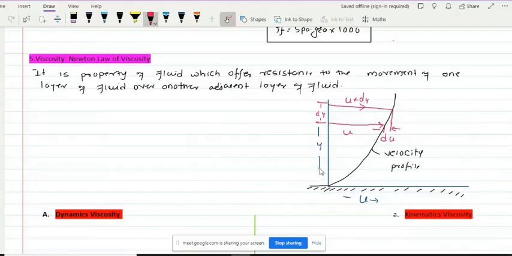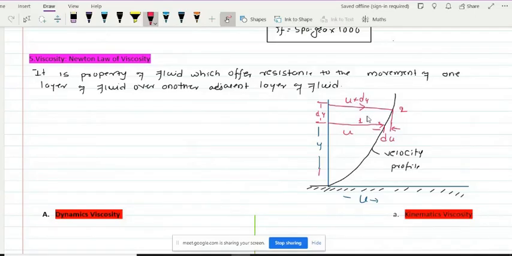See here, this is layer number one and this is layer number two. The two layers of the fluid, at distance dy apart, move one over the other at different velocities. The velocity of layer 1 is u, the velocity of layer 2 is u plus du, as shown in the figure.